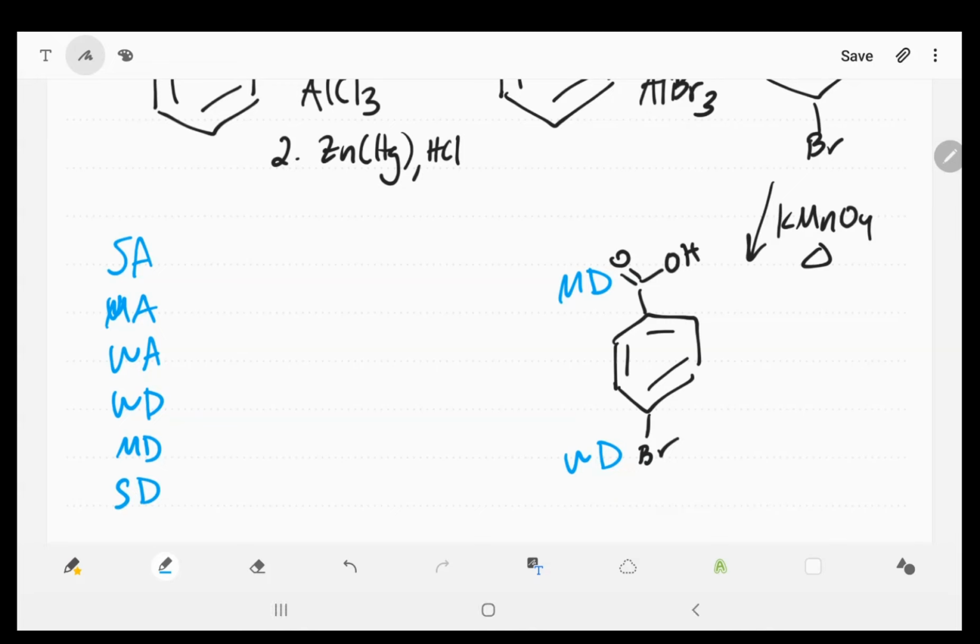Strong activators are our most activating, strong deactivators are our least activating. So comparing these two, a weak deactivator is better than a moderate deactivator in terms of directing where things are going to go. And bromine is still an ortho-para director. Remember that these guys are ortho-para directors, these ones are meta. So currently now, our bromine is going to dictate where things go. That is our strongest activator right now.